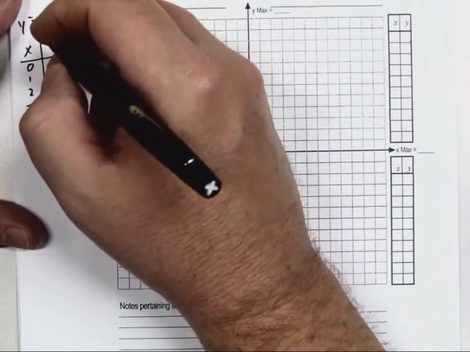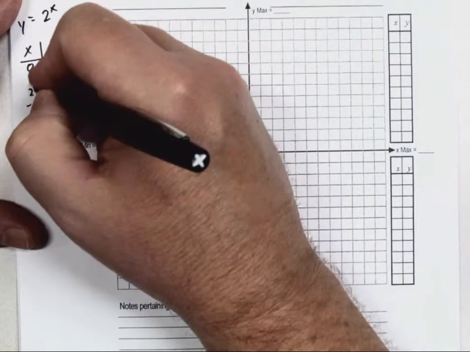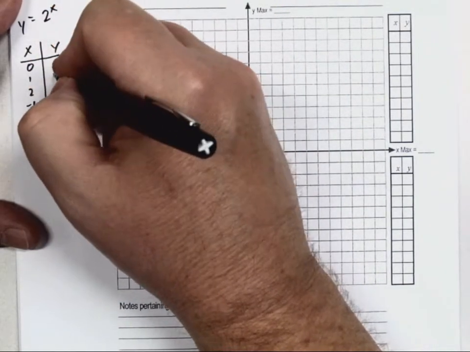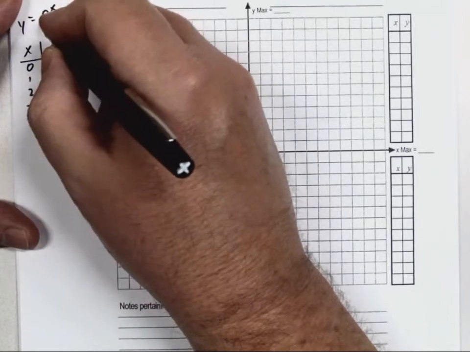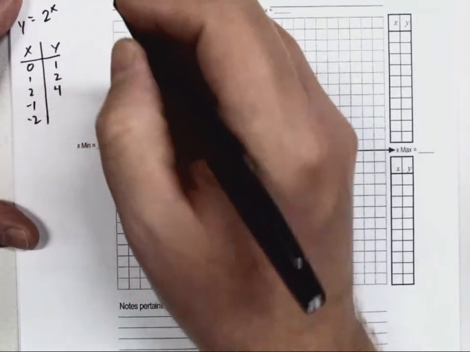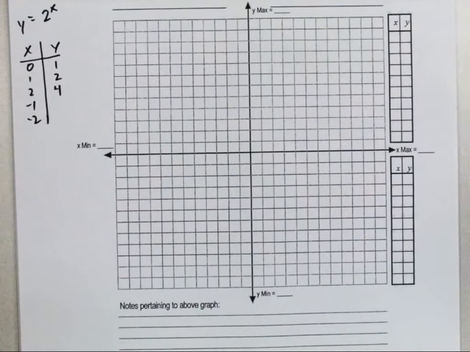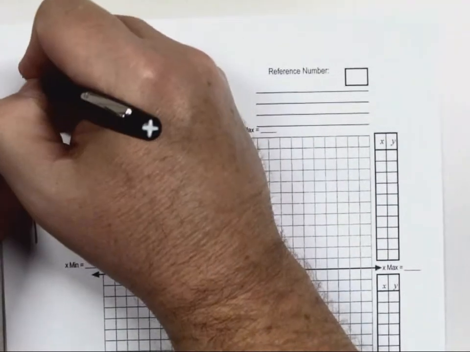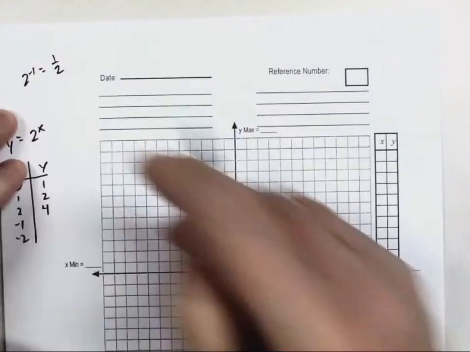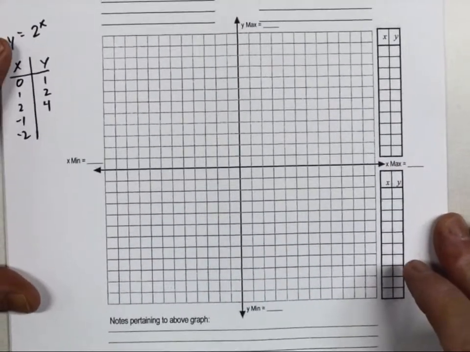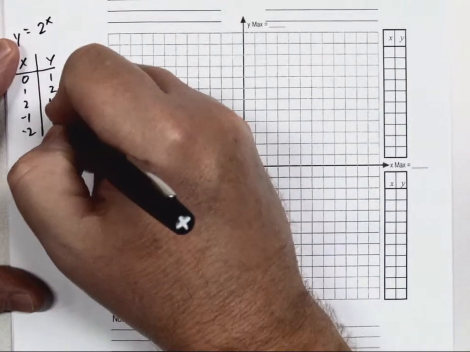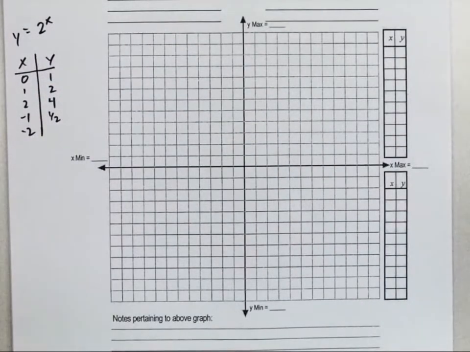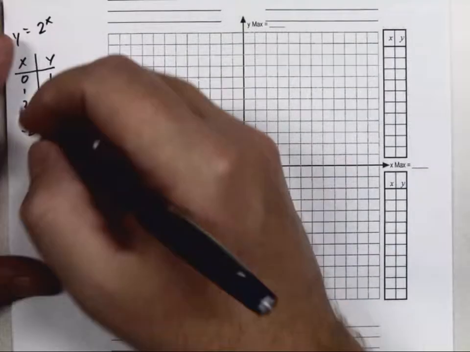Well, 2 to the 0 is 1. When x is 1, 2 to the first is 2. When x is 2, 2 squared is 4. Now some are interesting. When x is -1, 2 to the -1, if I want to make that a positive exponent, it becomes 1/2, right? And 2 to the -2 becomes 1/2 squared, which is 1/4.